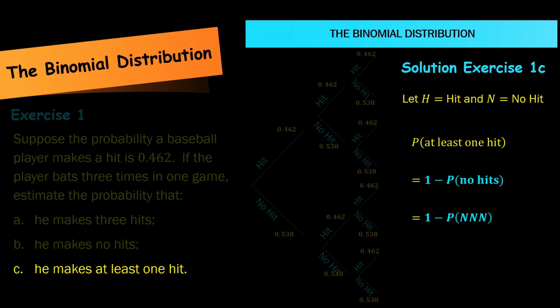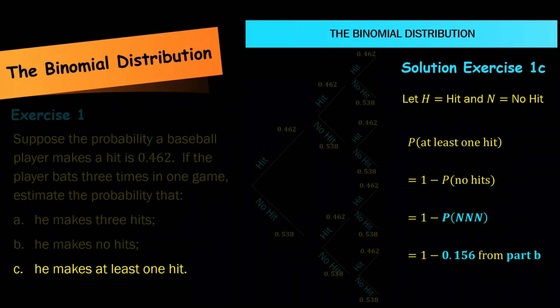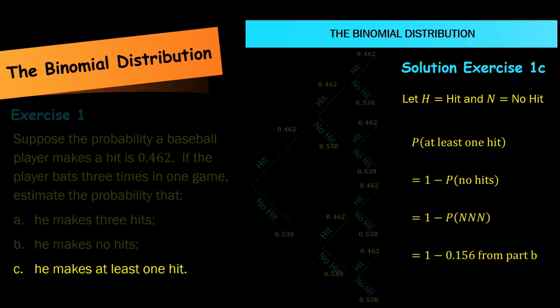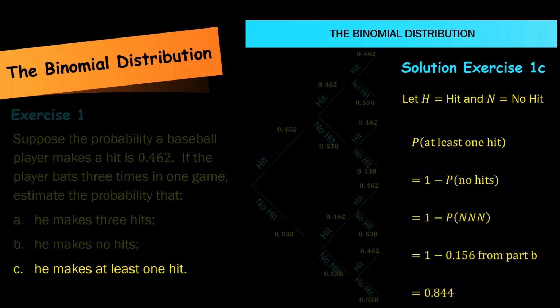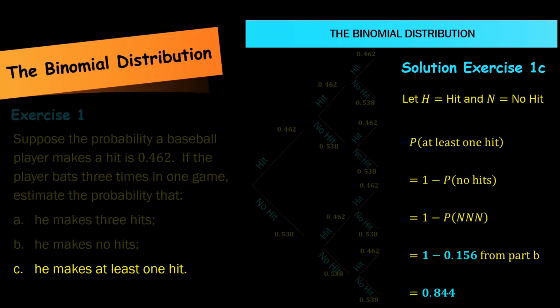And since we calculated the probability of no hits in the last part, we can plug this value into our formula or into our equation, as shown here. So we have that the probability of at least 1 hit equals 0.844.